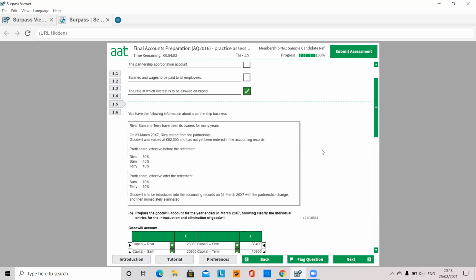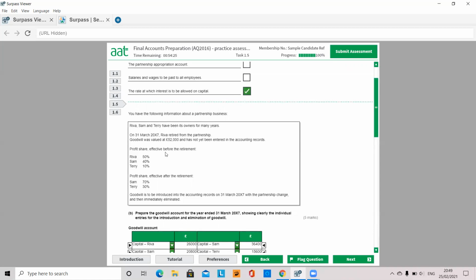So you're buying into a partnership because of the reputation, you're prepared to pay more than what it says in the financial statements. So that's goodwill, which is an intangible asset in the statement of financial position. So therefore, goodwill, £52,000. So debit goodwill, and then we would credit the capital accounts, which is what we would do.